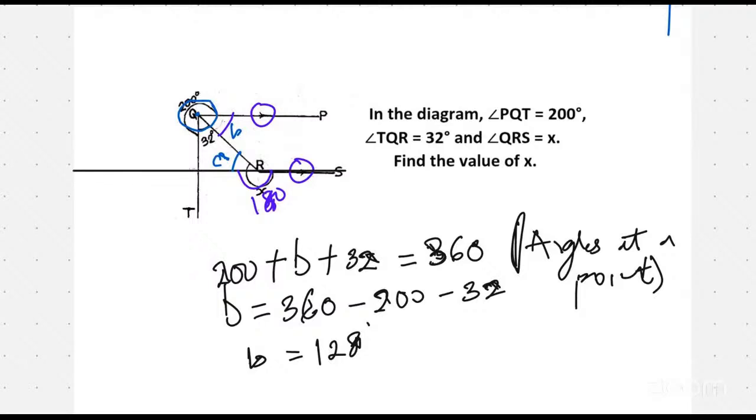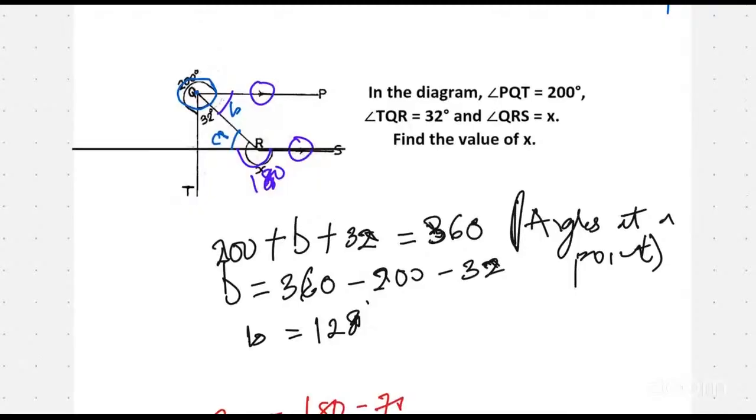Look at angle B. B is more like an acute angle, but what we are getting here says 128, which is an obtuse angle. Let me know if there's an error anywhere. Okay, so B is 128 degrees.